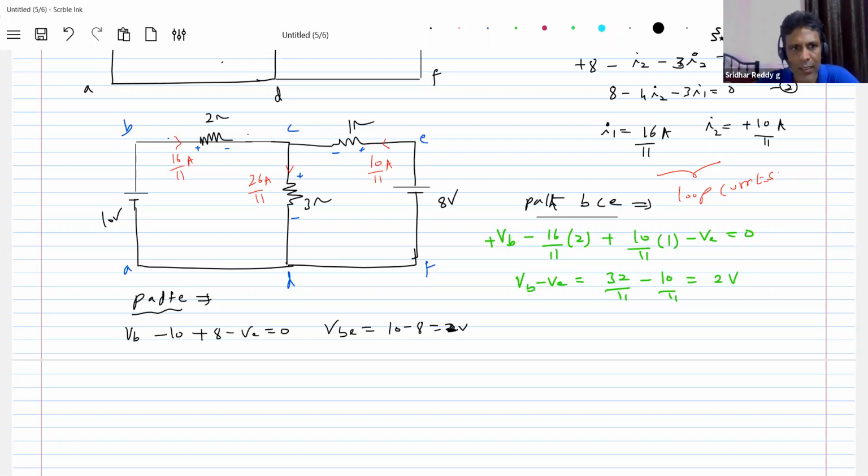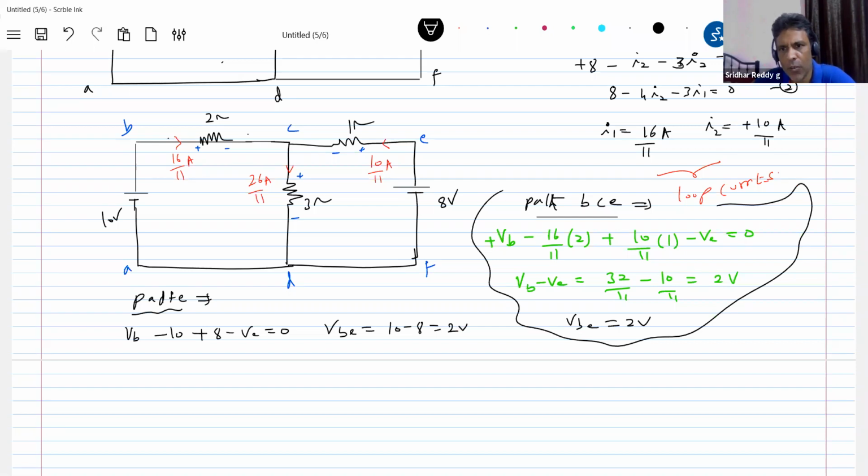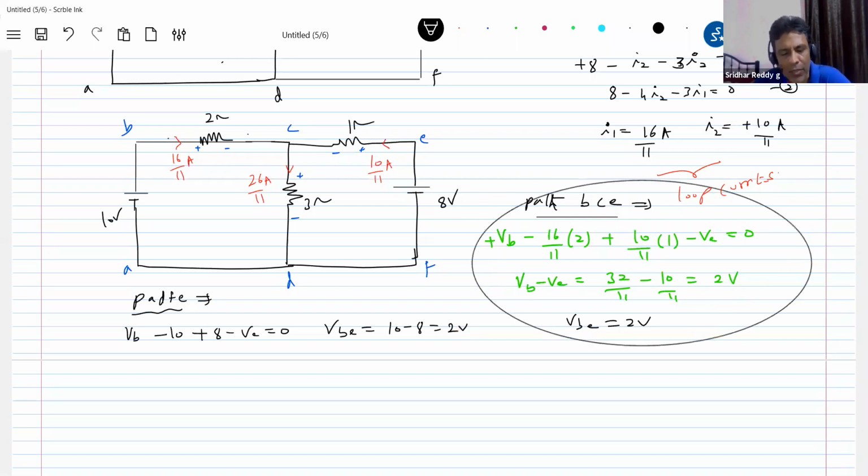I went like this: VB minus 10, then you see this here, plus 8 minus VE. How much did I get as the answer? The same 2 volt, no? The same answer I got. VB earlier, how much was it? The same VB. So this shows that all our mathematics, all we assumed, everything is correct here.